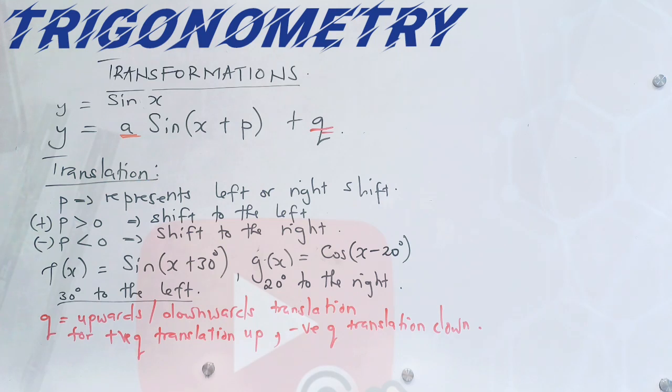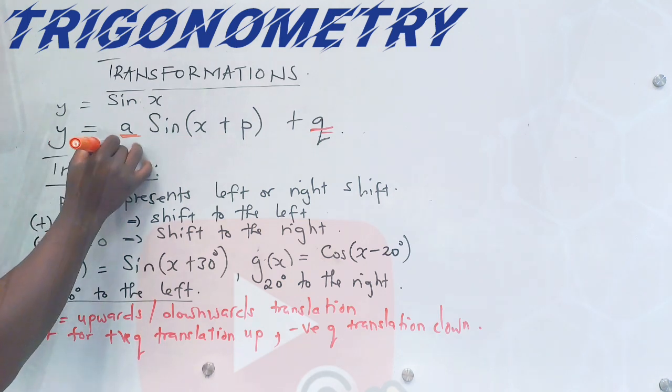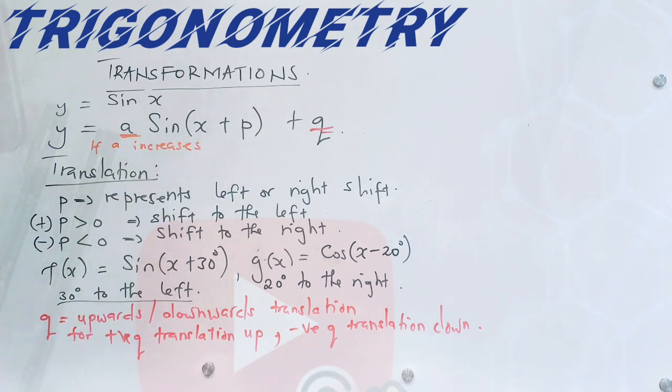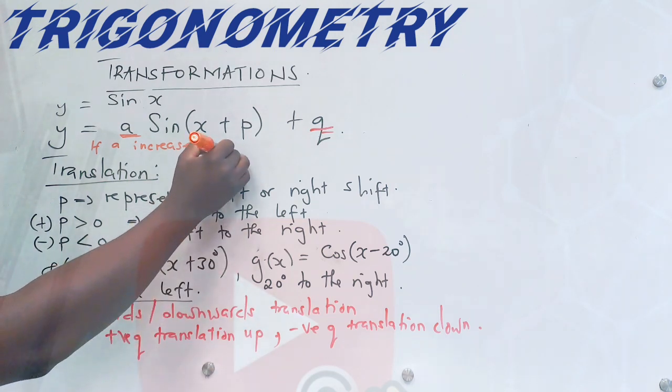When we talk of amplitude, we mean sine graph and cosine graph, because you know tan graph doesn't have an amplitude, it's not applicable. So if A increases, the amplitude of sine and cos graph increases.